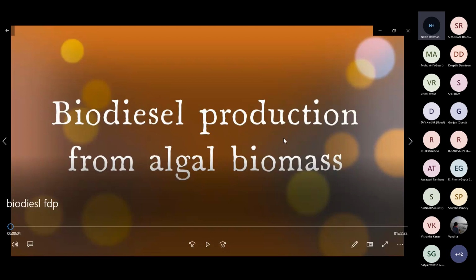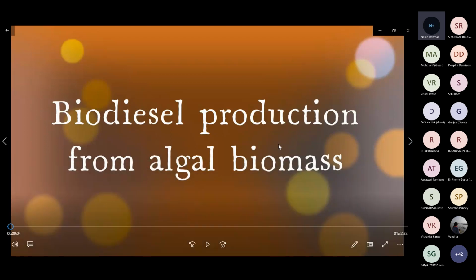Along with that, a lot of pigments, and they synthesize oils, which is a reserve present in different algal species in different amounts in natural condition. So our objective is to extract these oils from the dried algal biomass, which is present in surplus amount in nature everywhere.